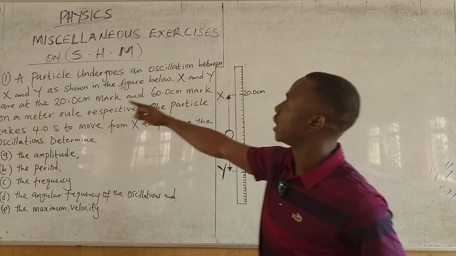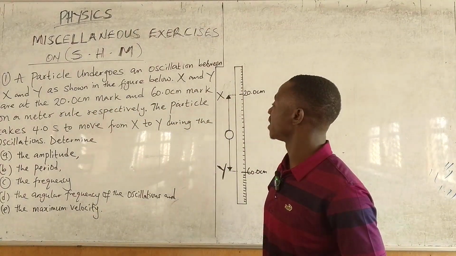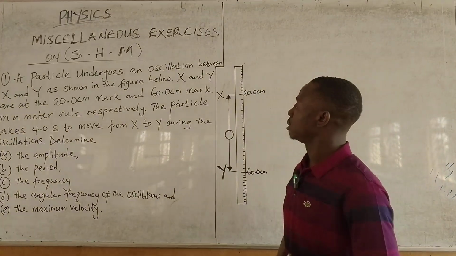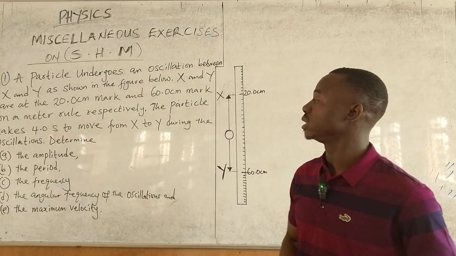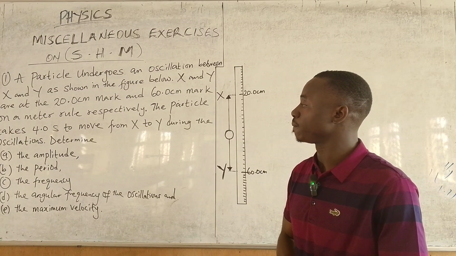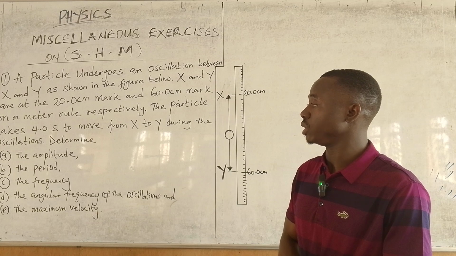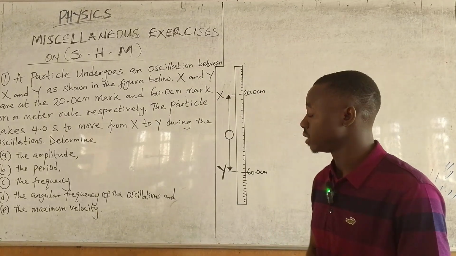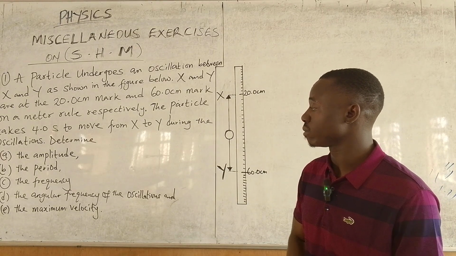X and y are at the 20 centimeter mark and 60 centimeter mark on the meter rule respectively. Full stop. The particle takes 4.0 seconds to move from x to y during the oscillations.